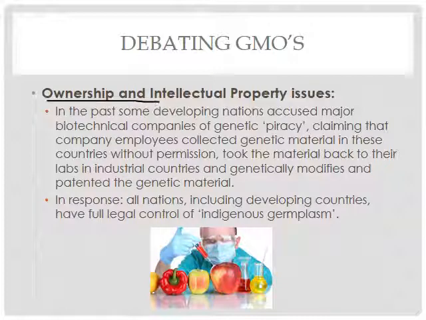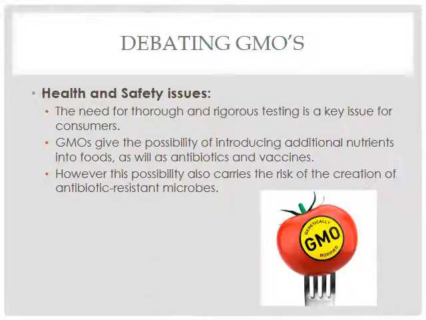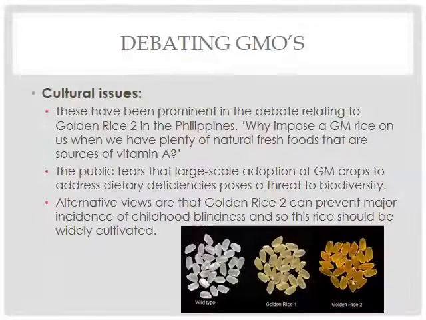There's debate over the ownership and the intellectual property of genetic modification and genetically modified organisms. Health and safety issues to do with the consumption of genetically modified foods, and cultural issues that also are underpinned by some factors to do with genetic modification.